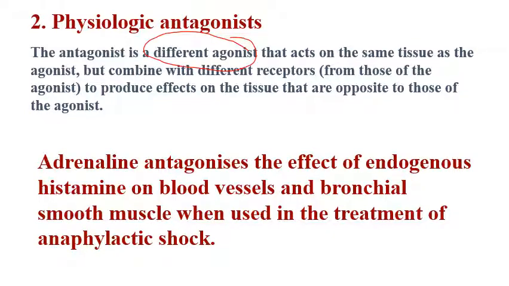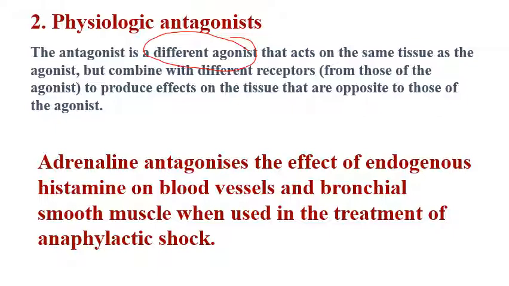Histamine, as you know, can act as a bronchoconstrictor, where it causes bronchoconstriction, and it causes a decrease in the blood pressure due to its effect on blood vessels, specifically external blood vessels, where it produces vasodilatation, and this will cause redness in the skin and a drop in the blood pressure.